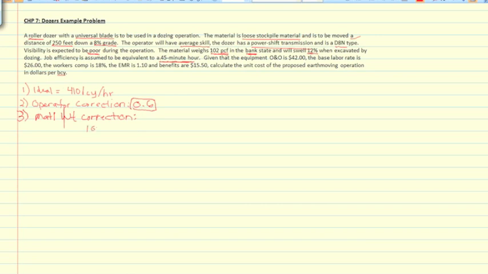We start with 102 pounds per foot cubed, and convert that into pounds per cubic yard. You use the conversion for how many cubic feet are in a cubic yard. There's 3 feet in a yard. It's a cube, so it's 3 times 3 times 3, or 3 cubed, so it's 27 cubic feet per 1 cubic yard.